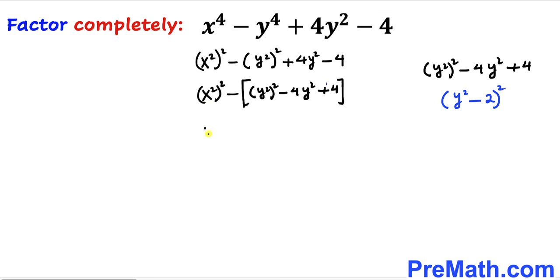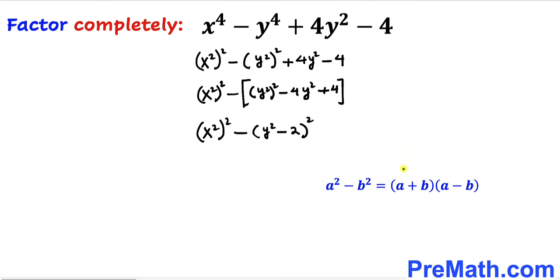So therefore we could write this one as (x^2)^2 once again, and minus this whole thing could be written as (y^2 minus 2)^2. And now let's recall another identity: a^2 minus b^2 could be written as (a plus b) times (a minus b). In other words, the difference of two squares is always equal to the product of the sum and the difference.